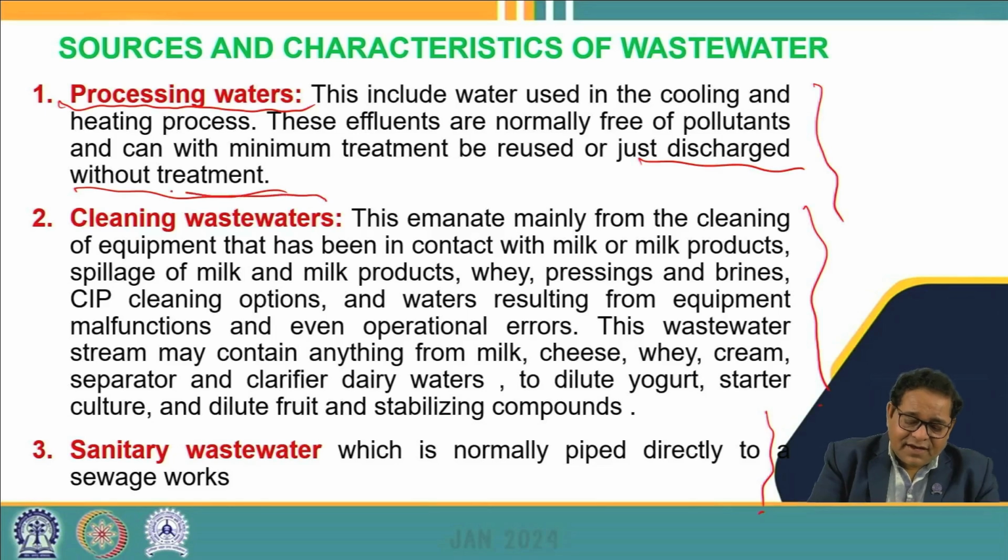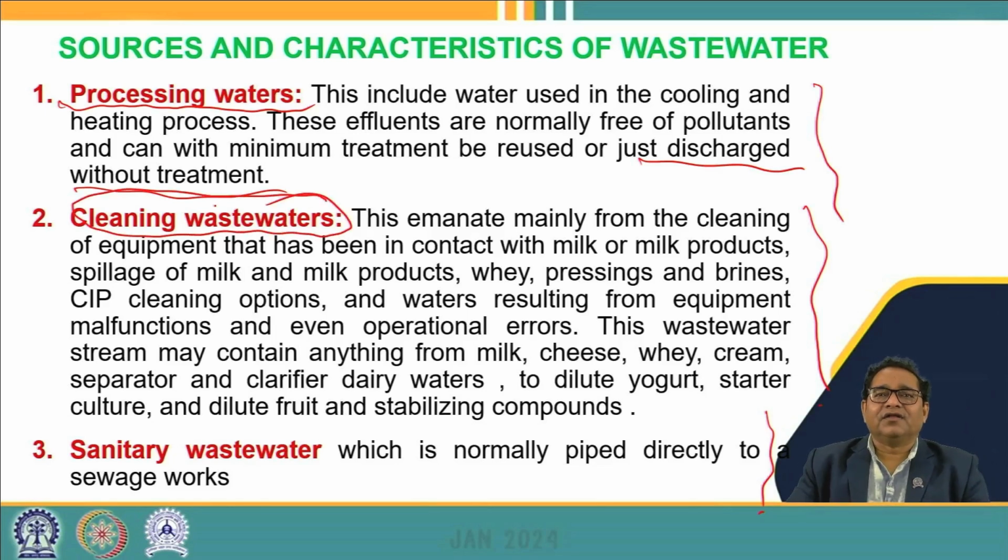Then there is another type of wastewater, which is called the cleaning wastewater. This basically emanates from the cleaning of equipment that has been in contact with milk and milk products, and from spillage of milk and milk products, whey, pressing and brines.